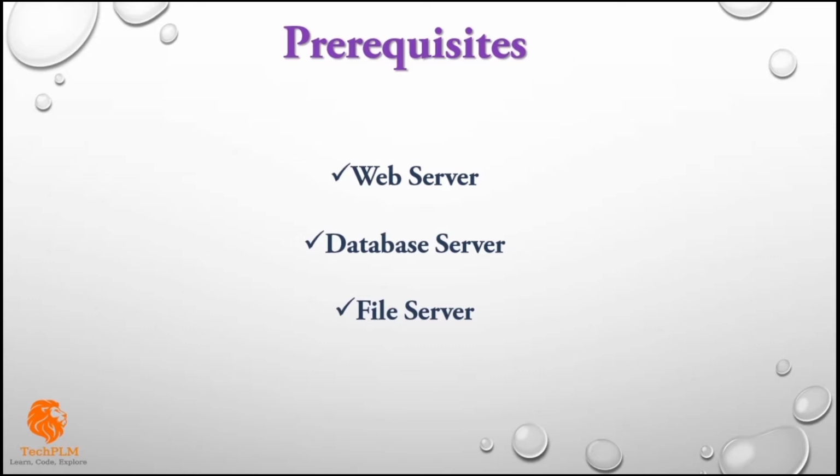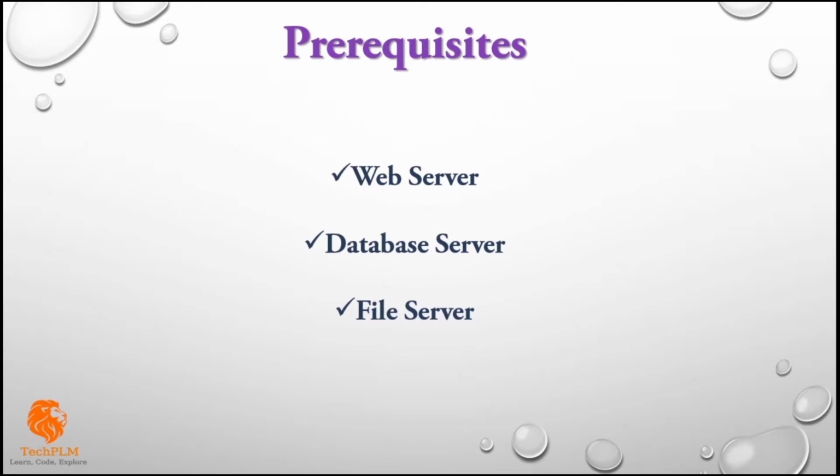But we are going to install Aras on our local machine, so our web server is our local machine only, our database server is the local machine only, and the file server is the local machine only. So for client and server, our system will behave sometimes as a client, and sometimes our system will behave as a server.